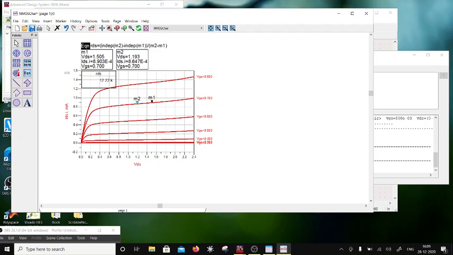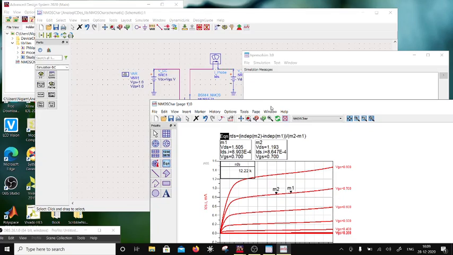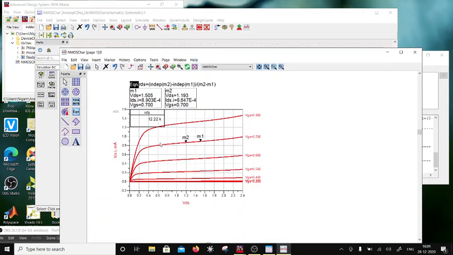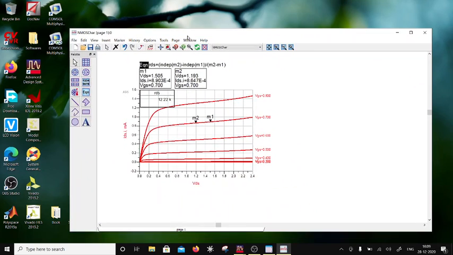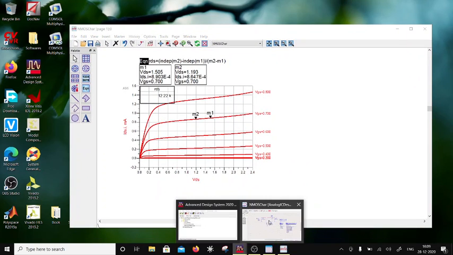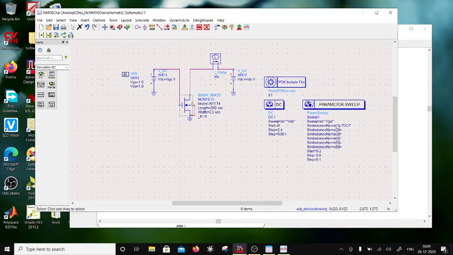So increasing the L is going to increase the output resistance, while the W by L ratio remains constant. So the currents are going to remain constant. It's just that the slope is going to change. If you want a higher output resistance, you can take L up by a factor, but also take W up by the same factor.